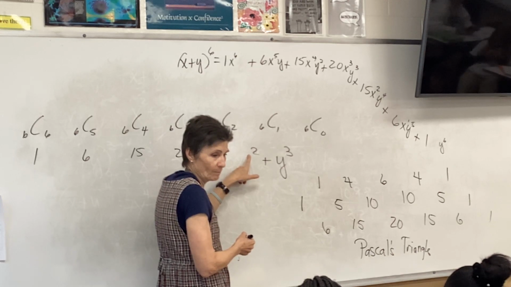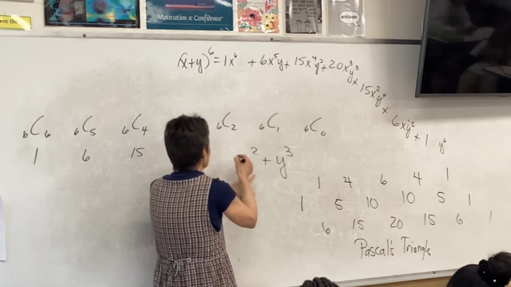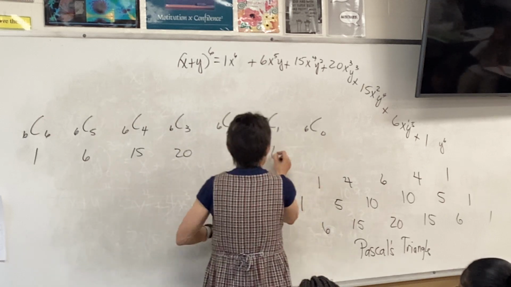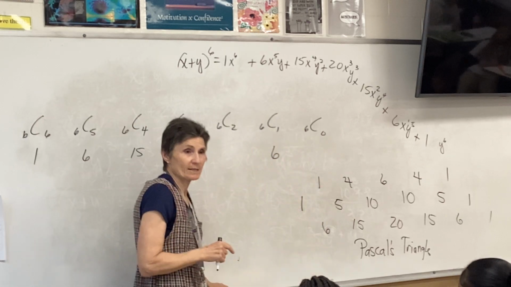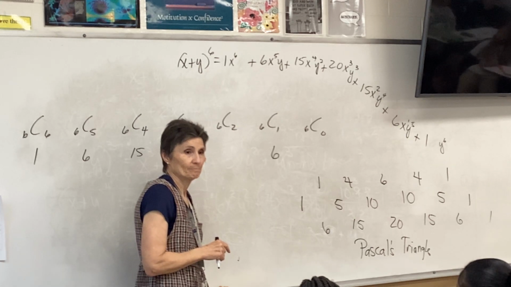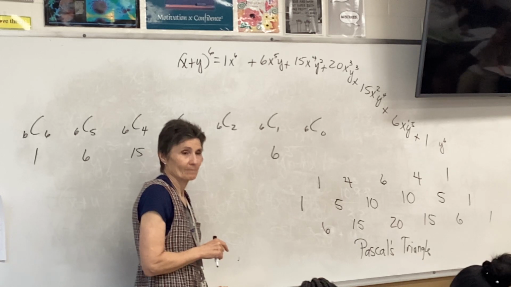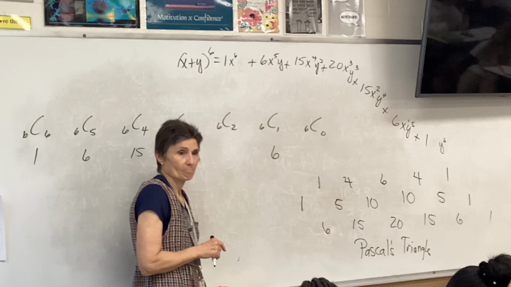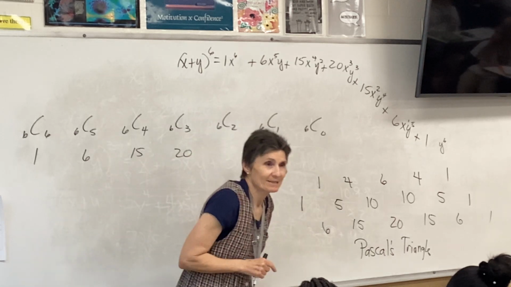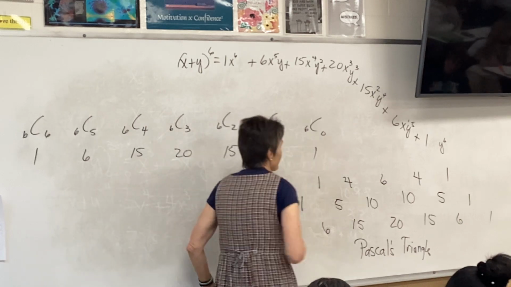Kamara, she needs some help. What'd you get? 6. 6C1, yeah, 6. So Paige, what'd you get for 6C2? Okay, it's 15. Alex, you got 6C2? 15. You're right. And I did this one and it's 1.